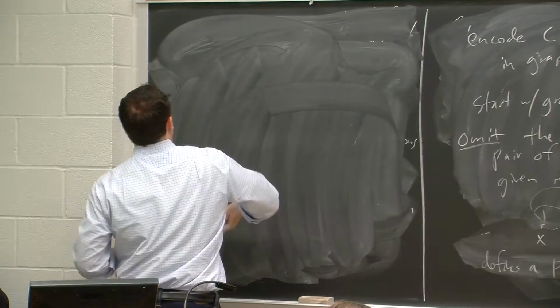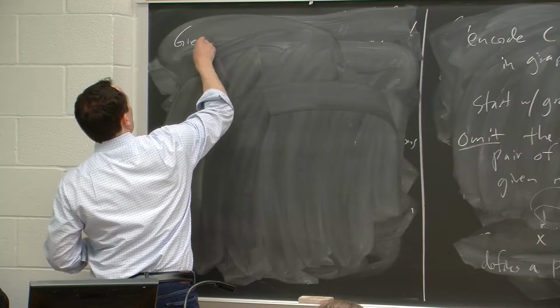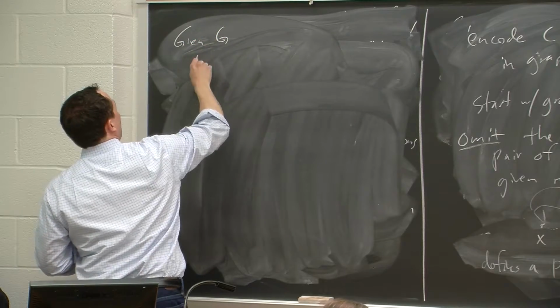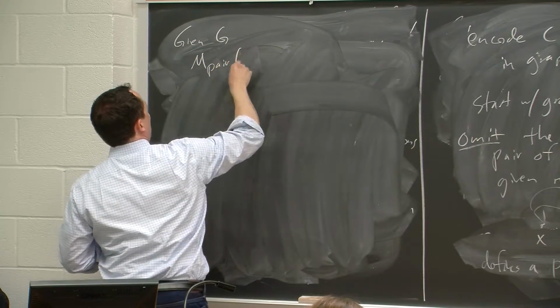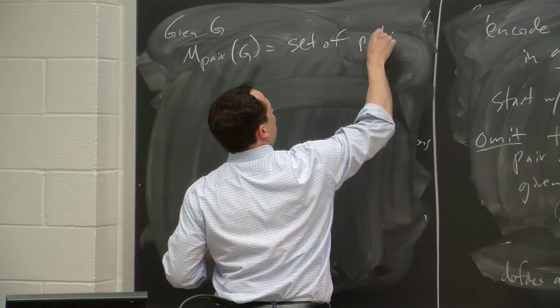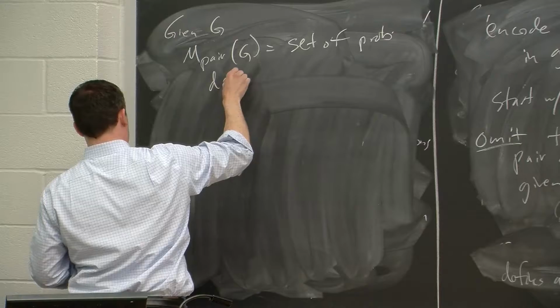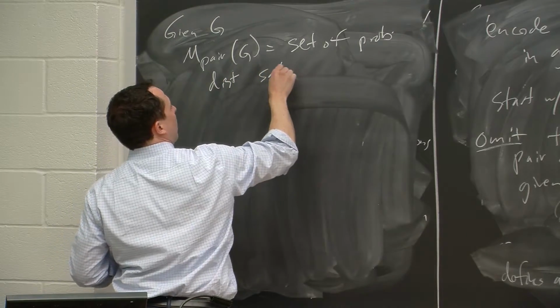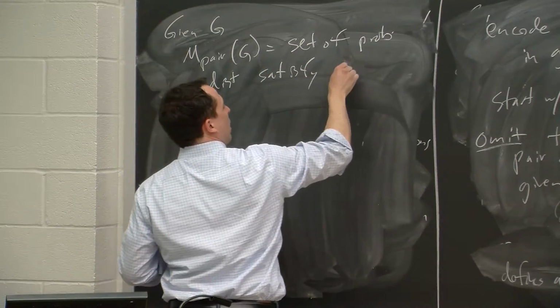So in other words, given the graph G, I could say M pair of G is the set of probability distributions that satisfy this pairwise Markov property.